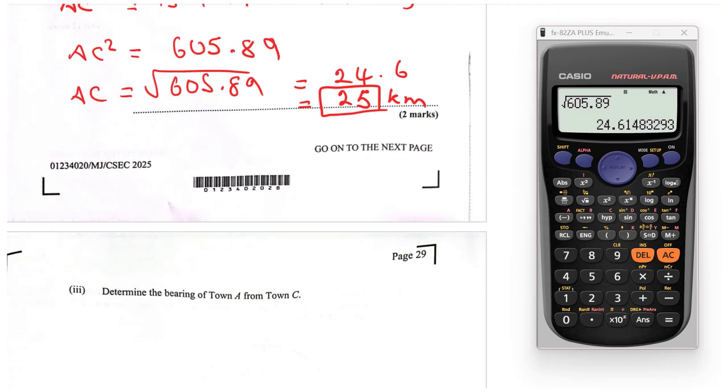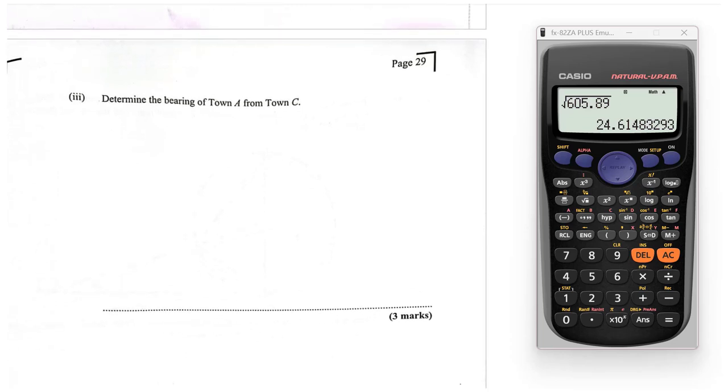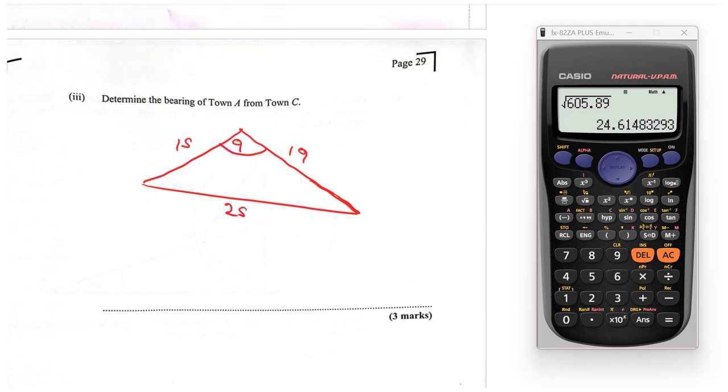Alright, so let's go back down here. Let us try to redraw the diagram, because my diagram is a bit messy. This is 15, this is 19, this is 25, this angle right here is 92.